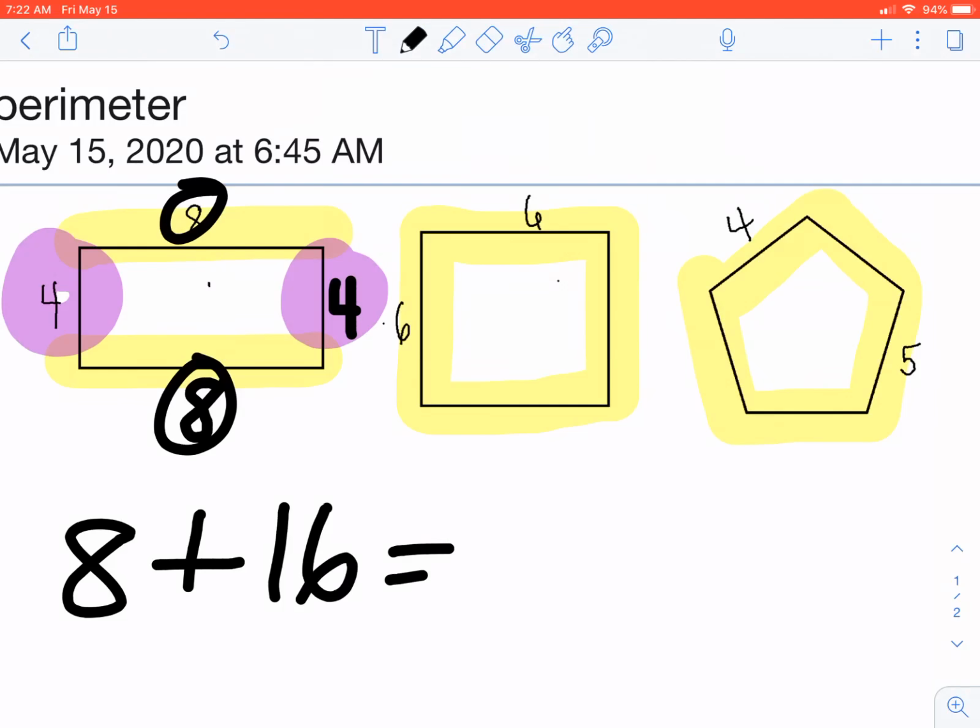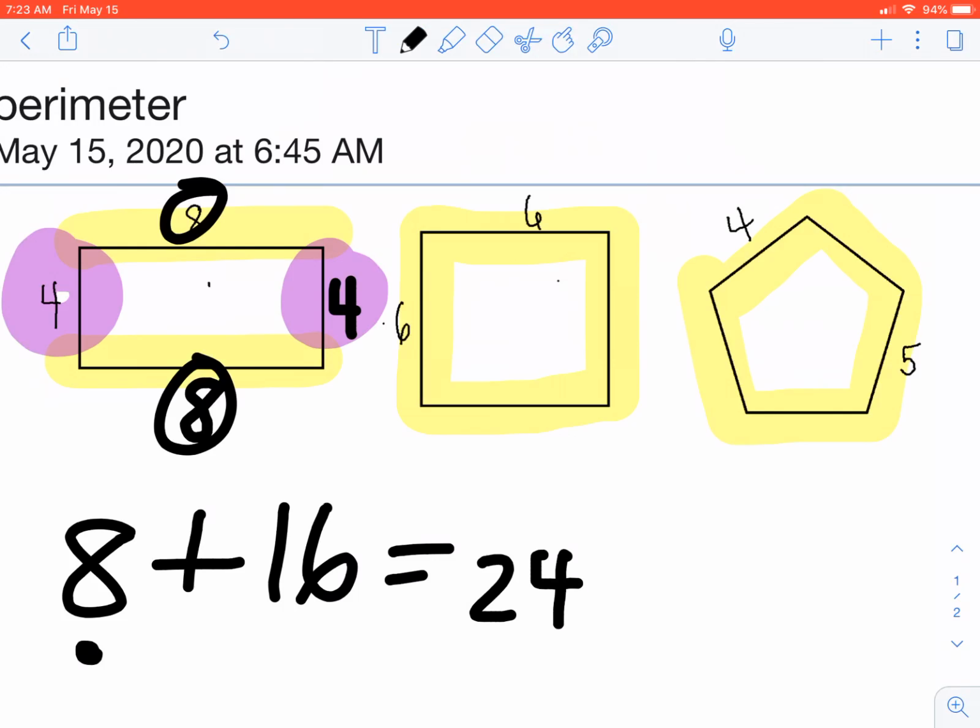And now for me, I would say I'm going to take my 16 and I want to make 20. So I'm going to take 4 from this 8 to make 20, and then I would still have 4 left over. So that would be 24.